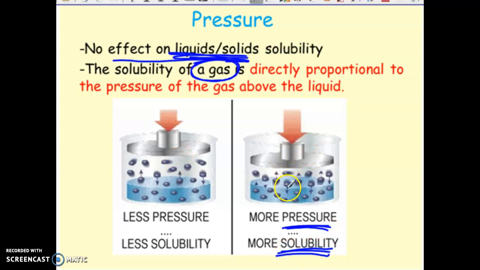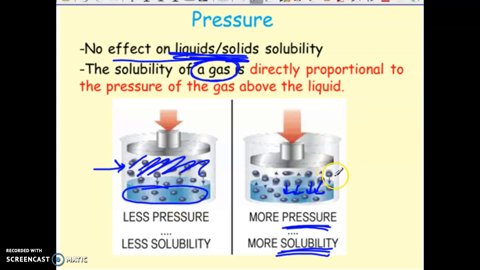It's almost like you're forcing that gas to go into the liquid more. Whereas if you have less pressure, you have more space where there's air, so the gas will fill up that space instead of being forced to go into the liquid.